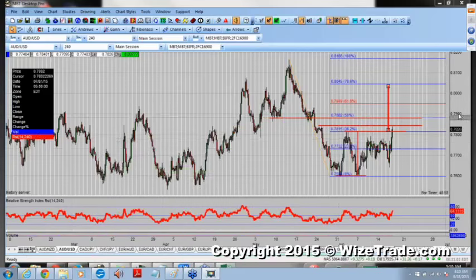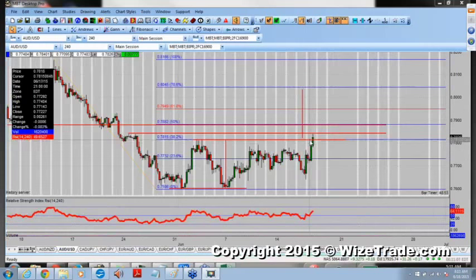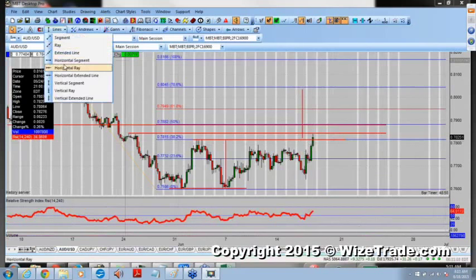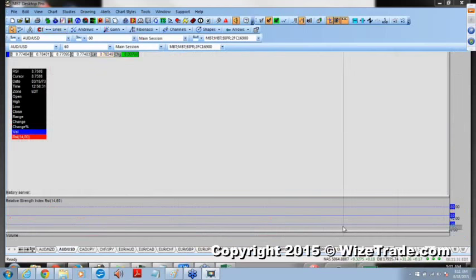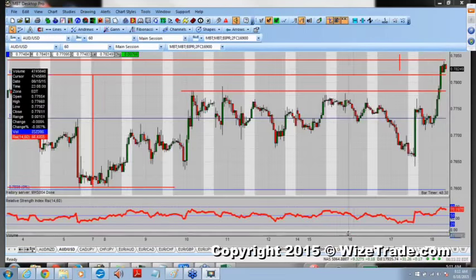Okay, and support is probably down here. This is probably close to the area where people go, oh crap, I got sucked into long Aussie and then it just reversed on me. I don't want to be long anymore. Probably somewhere down below here. Let's go to an hourly and figure out where that is.